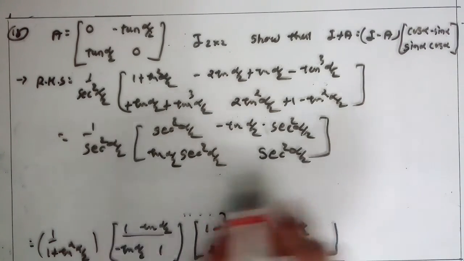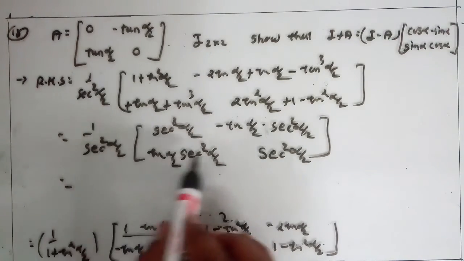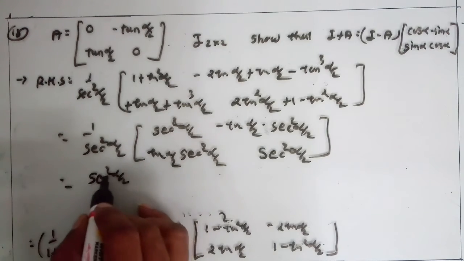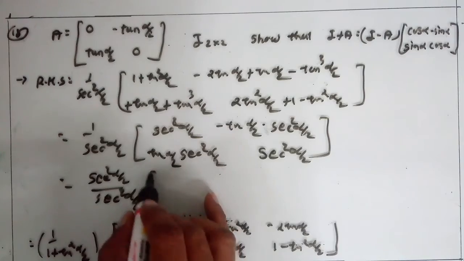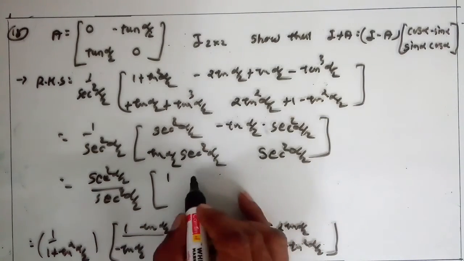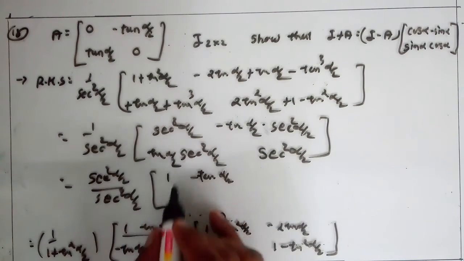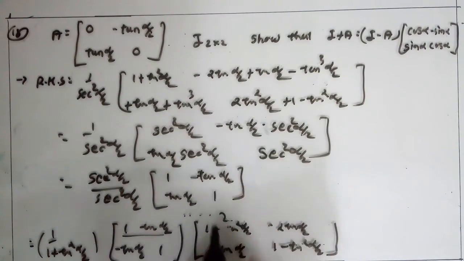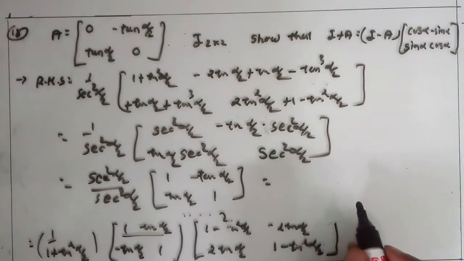Clear this? So now take sec square alpha by 2 outside, sec square alpha by 2 upon sec square alpha by 2 into the bracket: here becomes 1, here becomes minus tan alpha by 2, here becomes tan alpha by 2, here becomes 1. Clear this? So these two terms cancel.